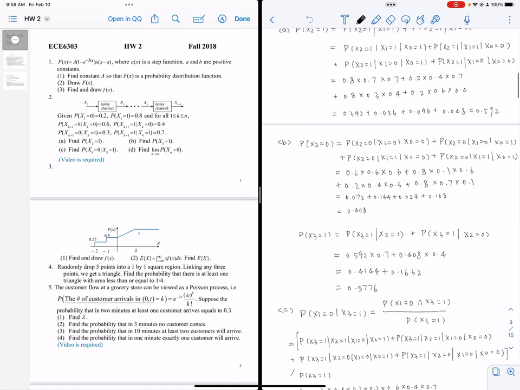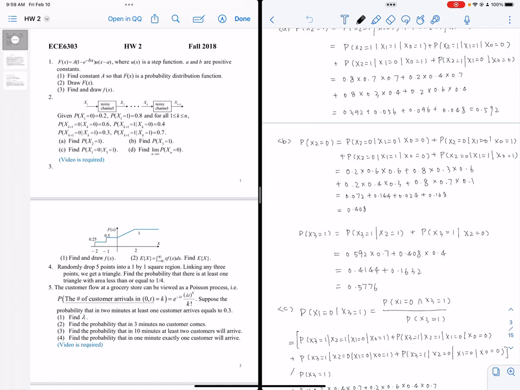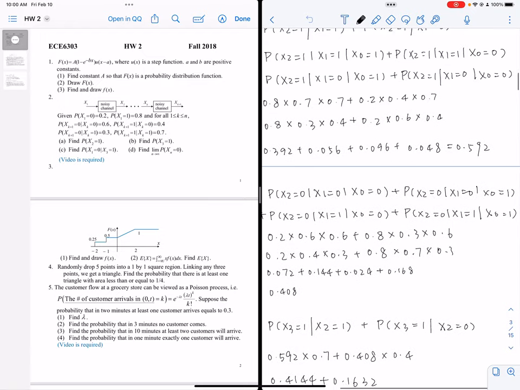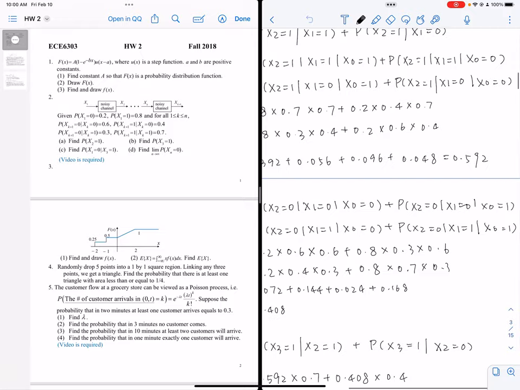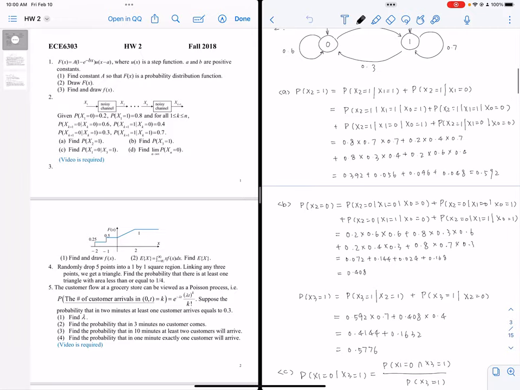I expanded the whole formula and took every scenario into account, but there's also a way to know this, which is to use 1 minus this 0.592 probability, because in the x2 stage it can either be 1 or 0.